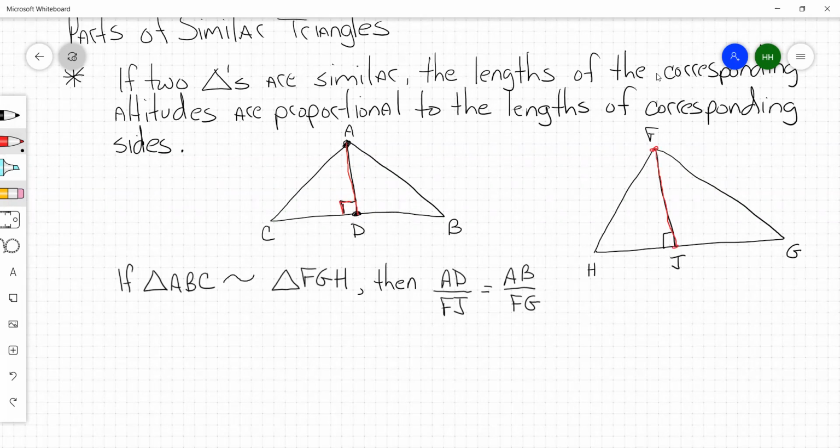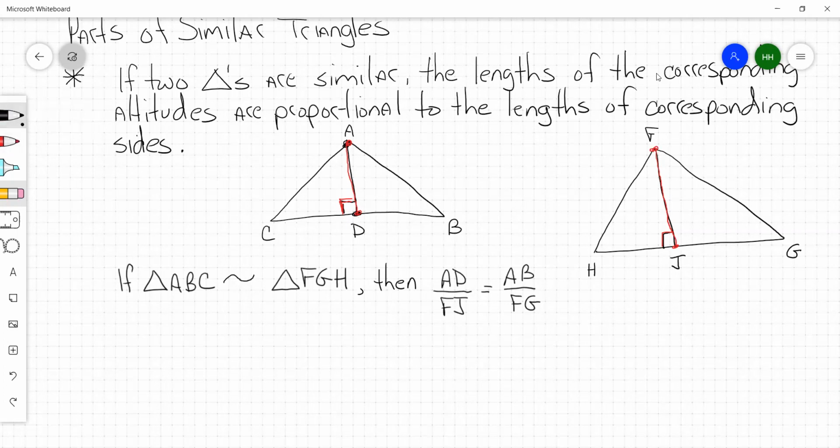F to J is an altitude. It connects a vertex to the opposite side and it intersects at 90 degrees. A to D is an altitude. So AD over FJ is equal to side AB over side FG.